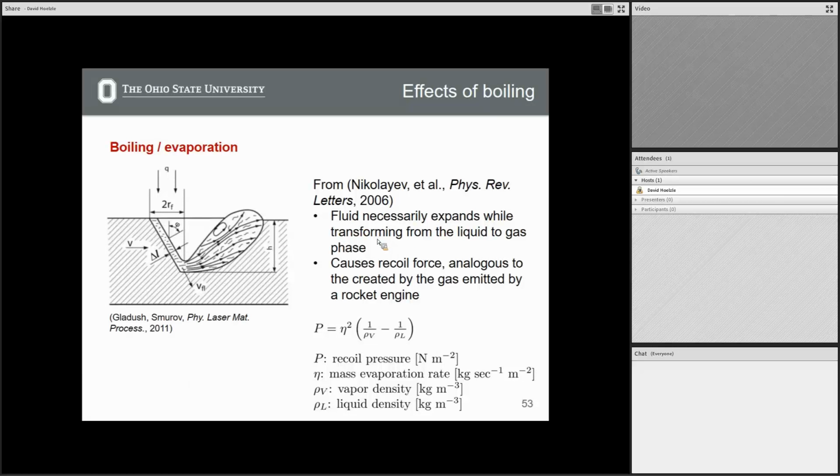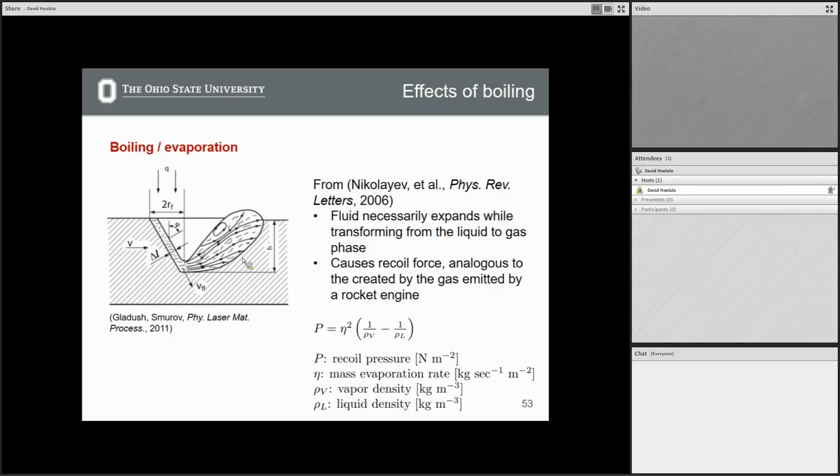This is what you've probably seen in freshman level physics, sophomore level physics. If you've taken heat transfer or thermodynamics classes, you've seen this via the ideal gas law. So the fluid is expanding, and when it changes to a gas, it rapidly expands.